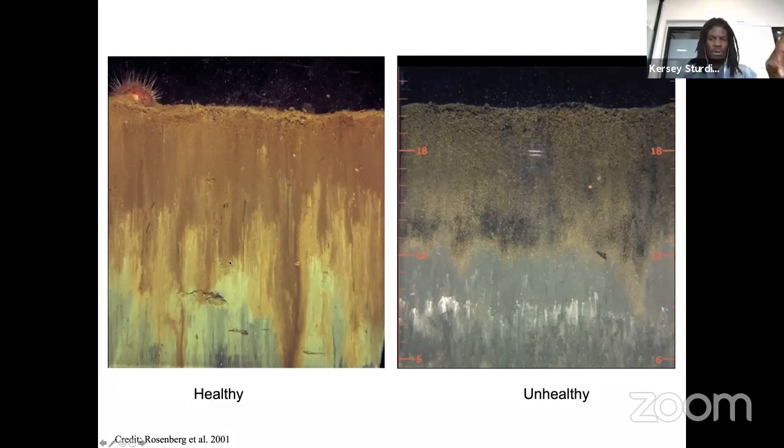This rust red-brown color is an indication that the seafloor is oxygen rich and full of large and diverse organisms. You can contrast that with the image on the right, which is an unhealthy seafloor. That's this dark grayish-black color, indicating that there's little to no oxygen and the area is lacking large animals and diversity. So, an area that you might expect to see during a dead zone.